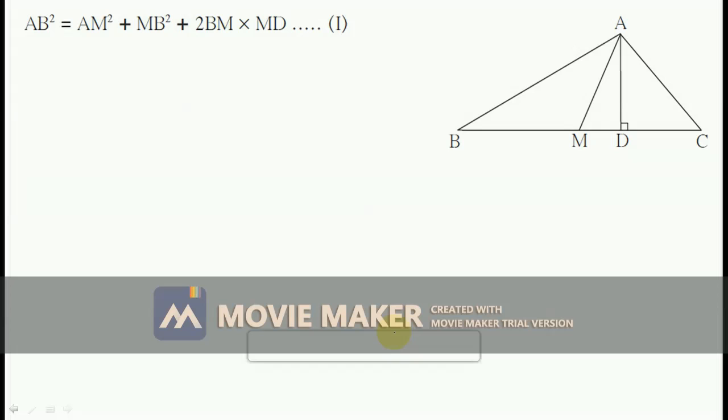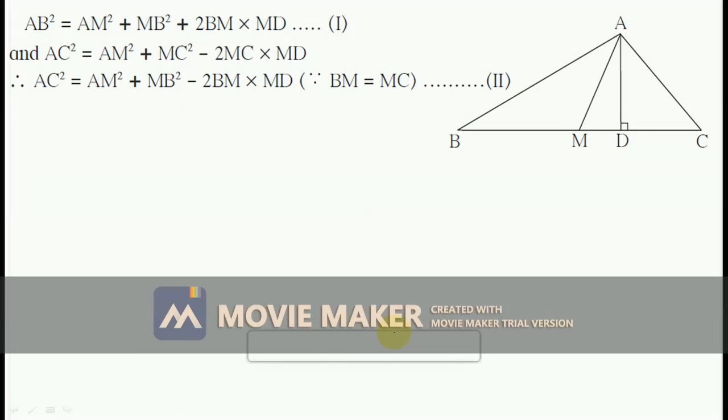For the acute angle I have told you AC square equal to AM square plus MC square minus 2MC into MD. It will be the second equation from second example. Now we can write AC square equal to AM square plus MB square minus 2BM into MD.